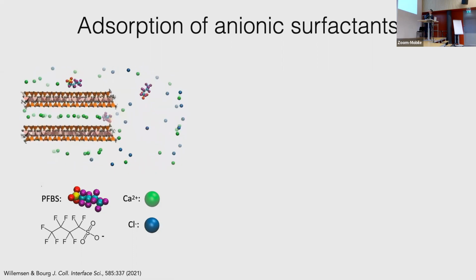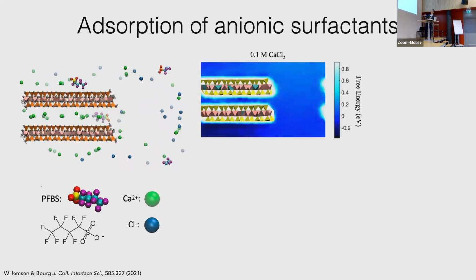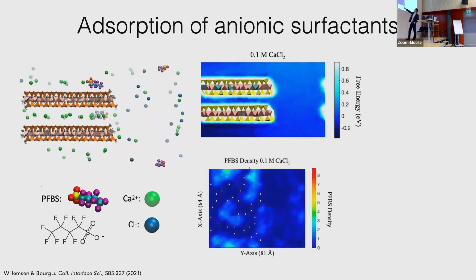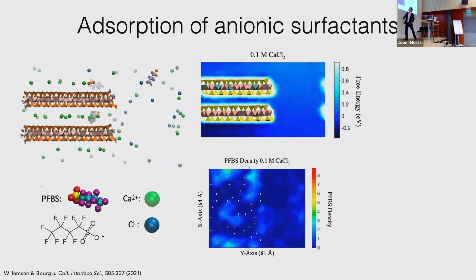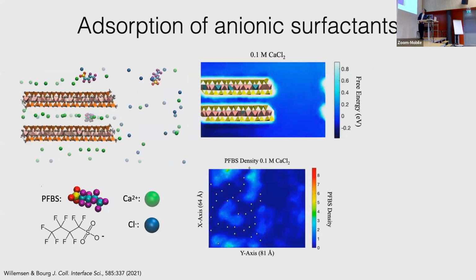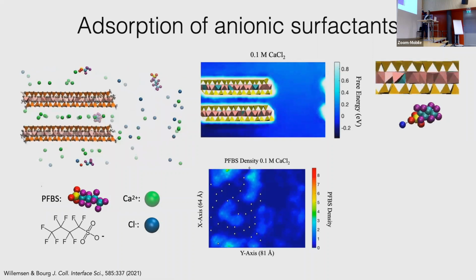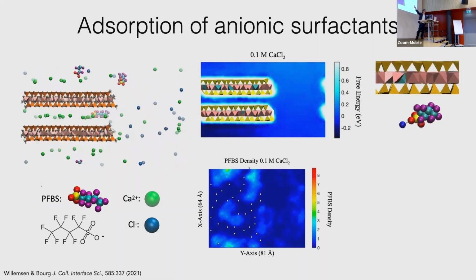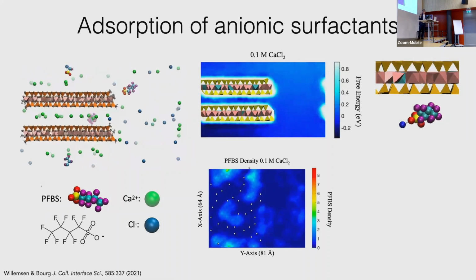But again, we see the same kind of stuff: strong free energy minima near the clay surface, preferential adsorption on uncharged patches of the clay surface. We're seeing stronger adsorption in the presence of divalent exchangeable cations than monovalent ones, which have been hypothesized.